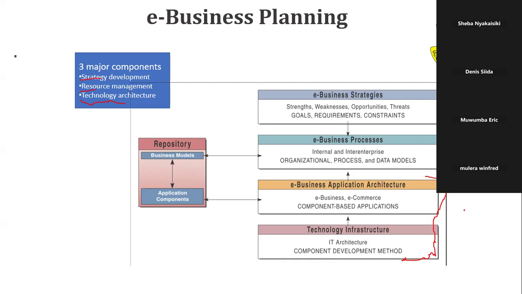The first 2, strategies and processes, stem from the overall strategies and business processes. But if we're now looking at e-business strategies, we are translating the overall business strategies into ICT strategies. Then these are translated into the internal processes that are going to be carried out.